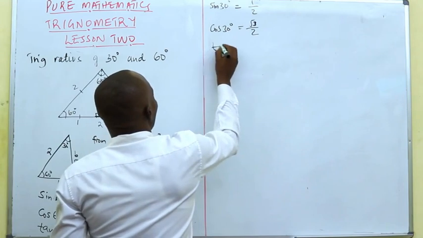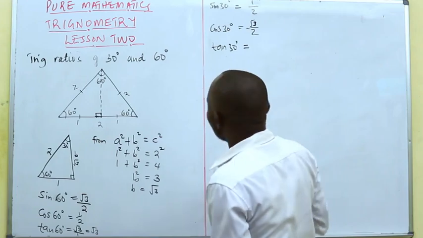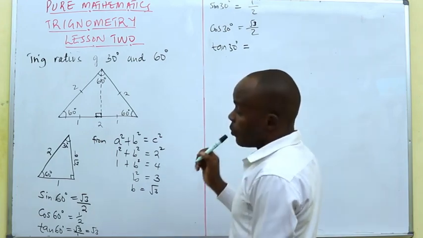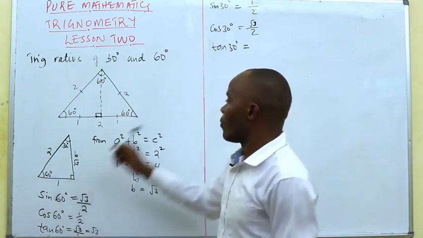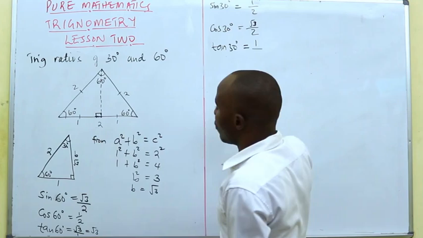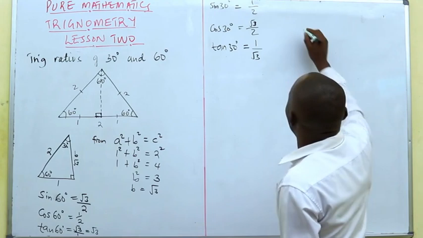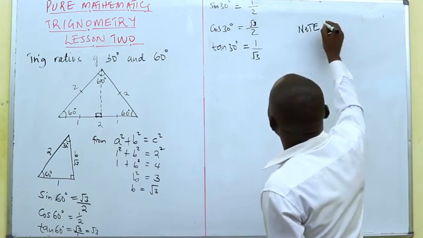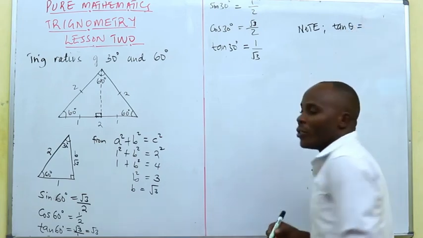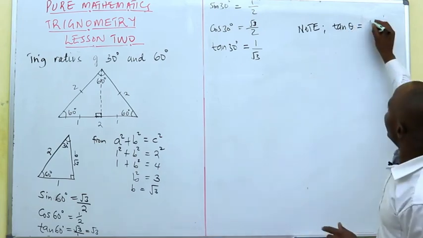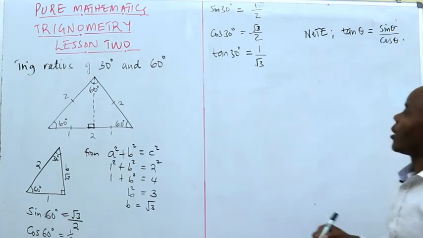Then when we talk of tan 30 degrees, we've said it is opposite over adjacent, so tan 30 is 1 over root 3. Actually, it is from here that you can also take a note and say that tan of any angle, theta represents any angle, is sine theta over cos theta.